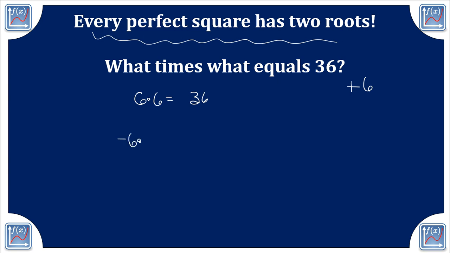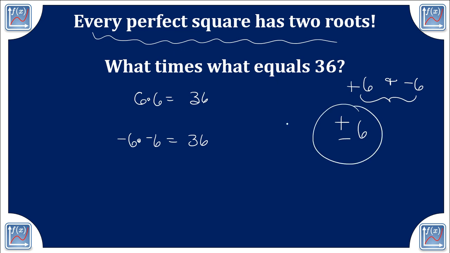So if we have negative 6 times negative 6, we get positive 36. So the 2 roots of 36 are positive 6 and negative 6. And we usually use plus or minus symbols to represent these 2 solutions. So when it asks you to give the 2 roots, this is the answer you're going to provide.